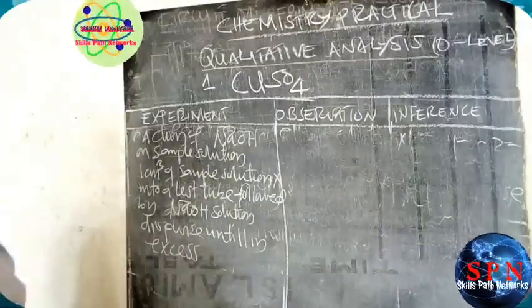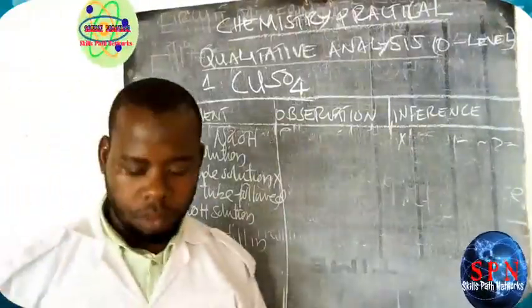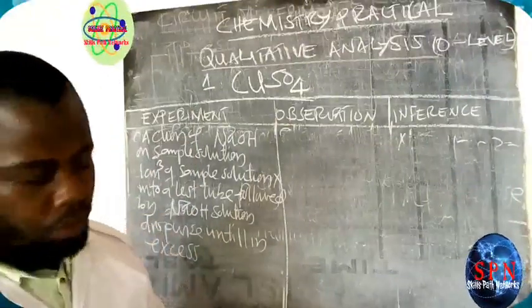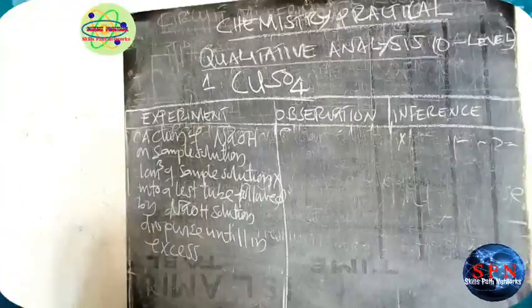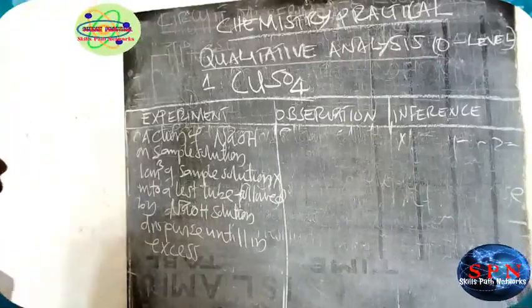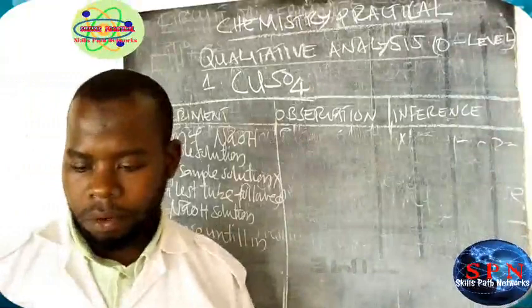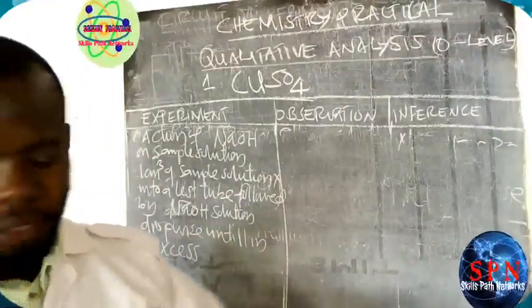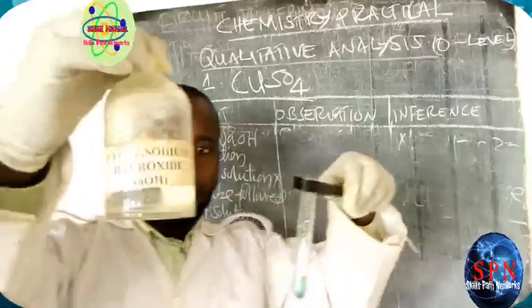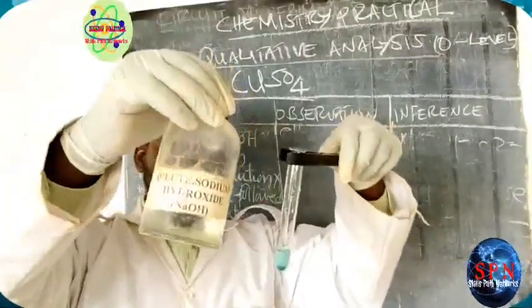Testing solution, we are going to start with sodium hydroxide. Take about 1 ml of sample solution X into a test tube, followed by sodium hydroxide dropwise until in excess. This is sodium hydroxide solution.